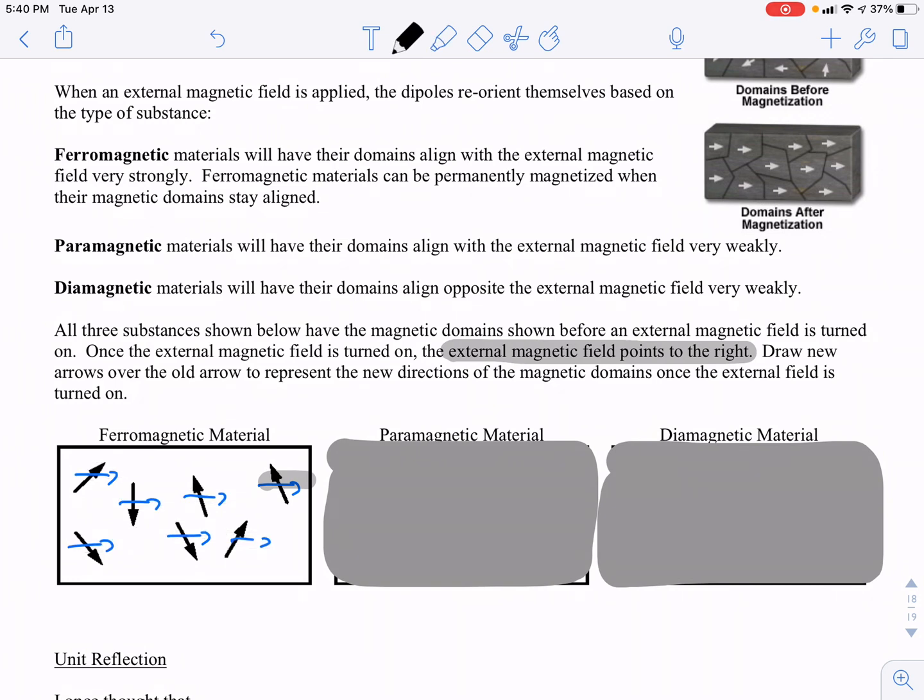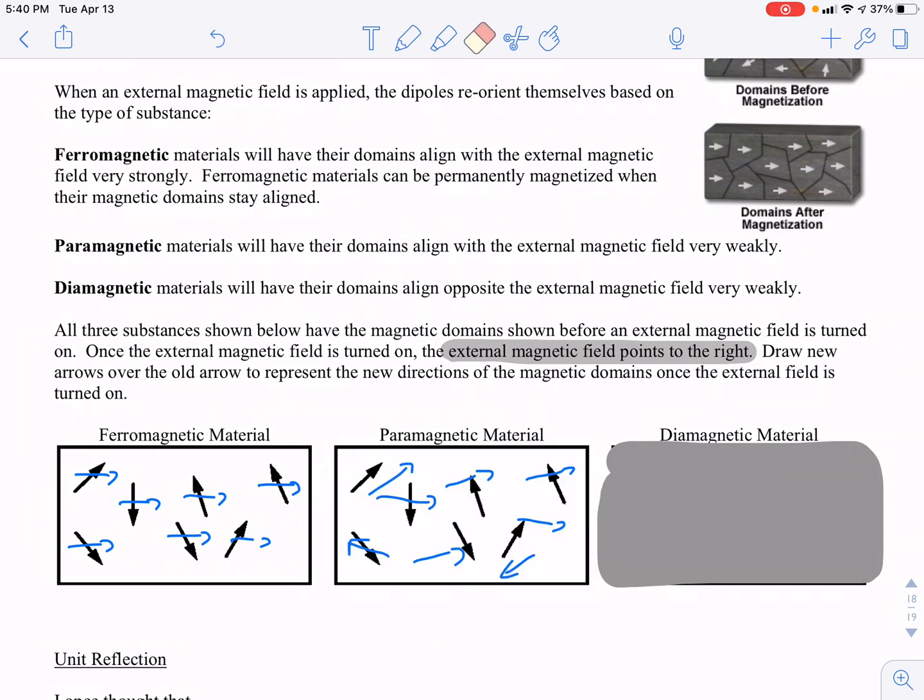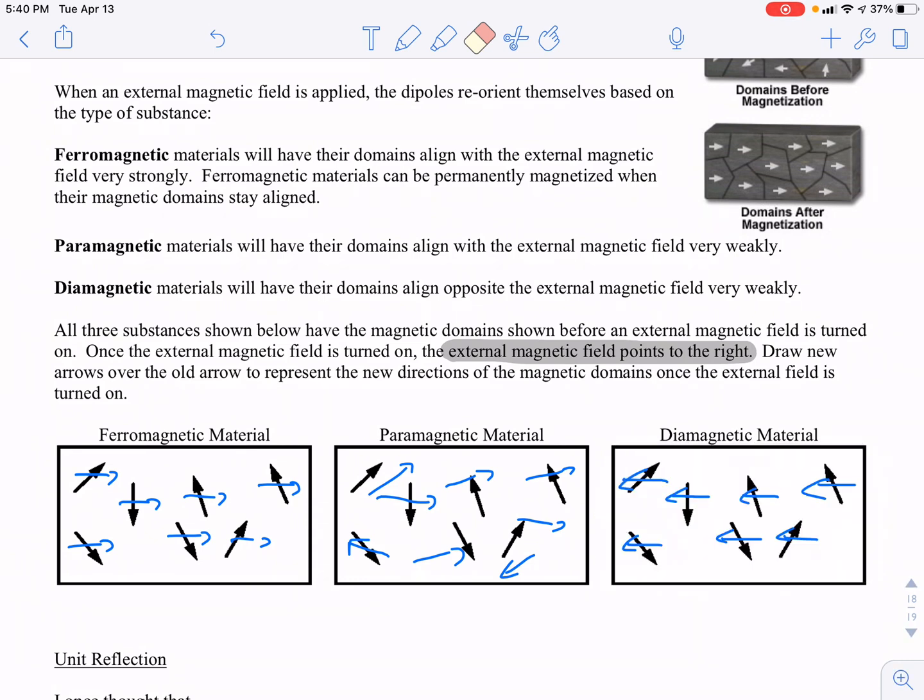This would become the north pole of the magnet, and this would become the south pole of the magnet. A paramagnetic material would weakly align itself, which means a lot of the arrows would point towards the right, kind of, sort of, but you'd have some that were pointing in other directions too. And a diamagnetic would completely be pointing in the opposite direction, in other words, to the left.